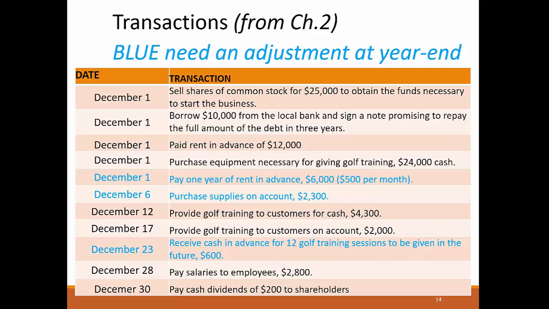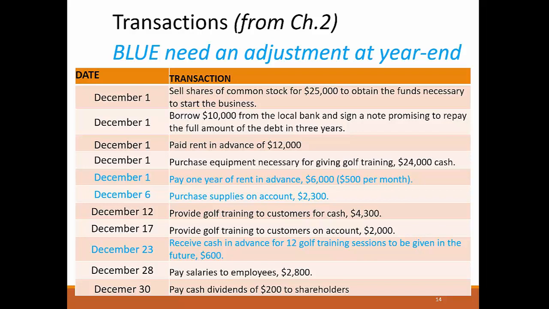If they pay the whole $6,000 on December 1st, they haven't actually stayed in the place yet, so they really haven't experienced any rent expense. It's only when they've been there for a whole month that they can actually say, okay, I used up, in this case, $500 or 1 month of rent.